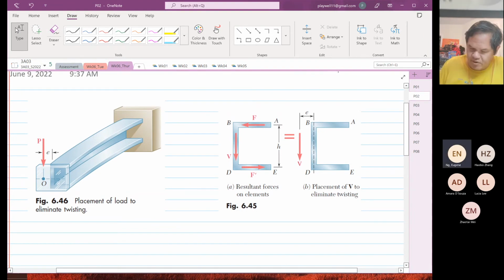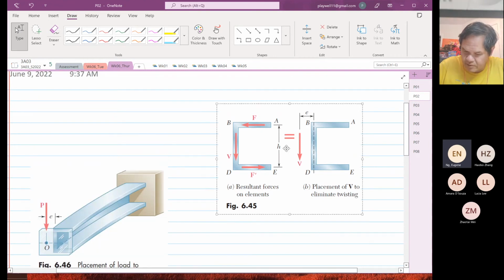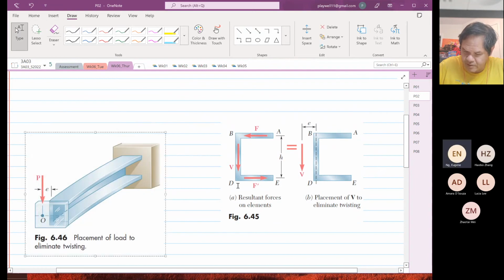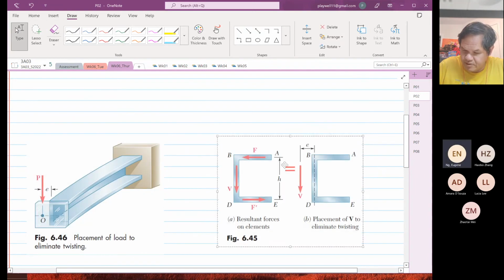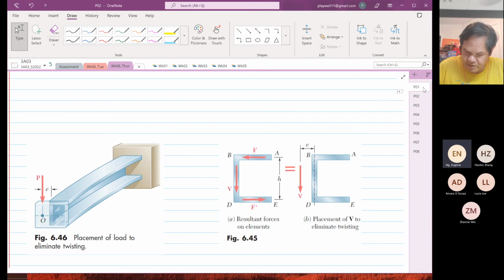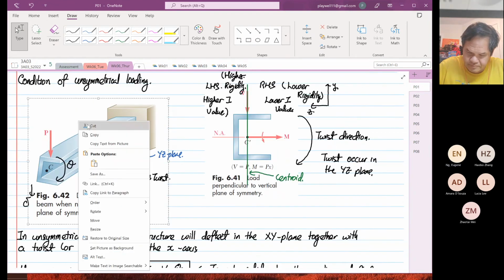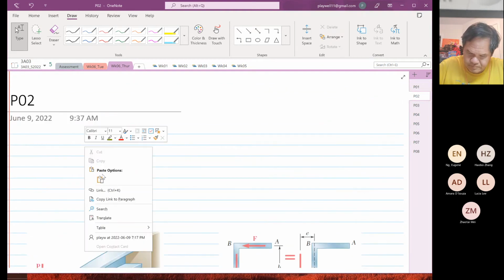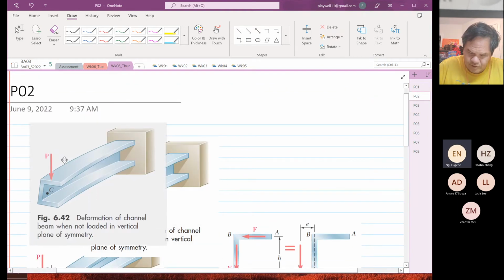Okay, so originally, let me get our original diagram. Okay, then you can see better at the same time. I do apologize, moving the screen a lot.